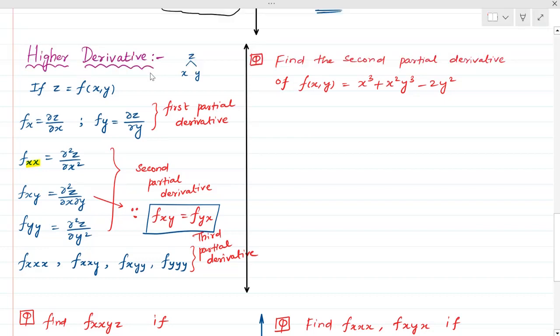This is 2 times. Now similarly, this is the third derivative: fxxx, fxxy, fxyy, fyyy. And by the way, either you can calculate fxy or fyx, both are the same as per the rule. We will find it here.